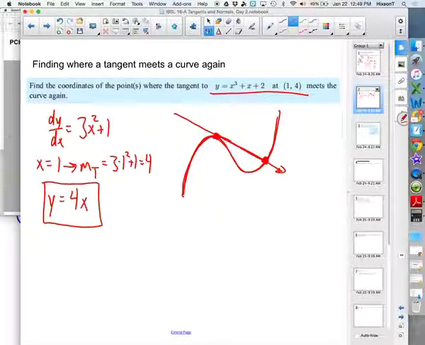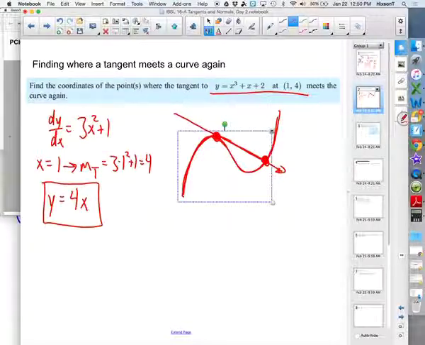So now, here's what you need to do. We know this tangent line intersects this curve at this point. The question, though, is, when will it intersect it again? How would we figure that out? Set them equal. How do you figure out when two things intersect?